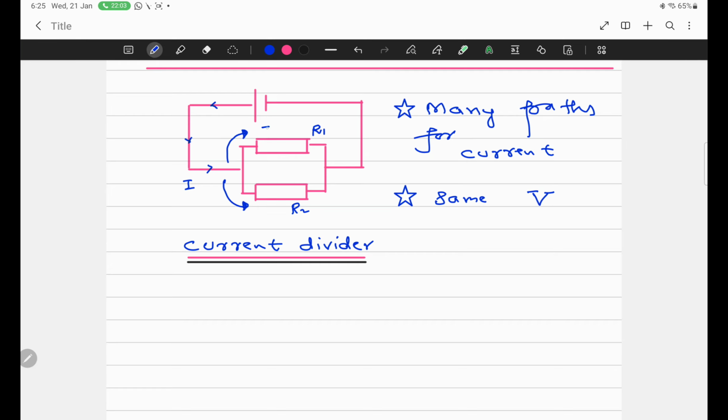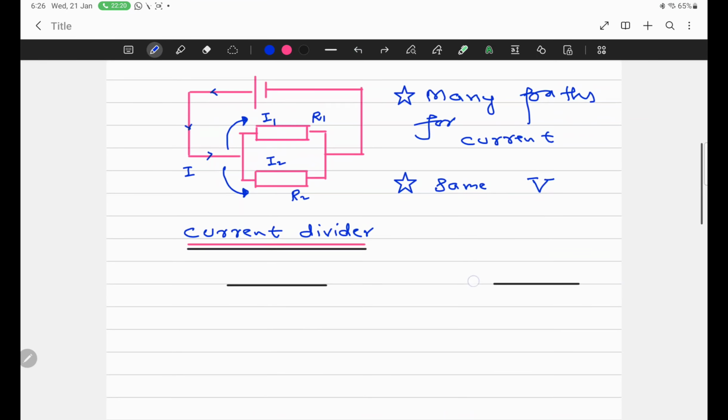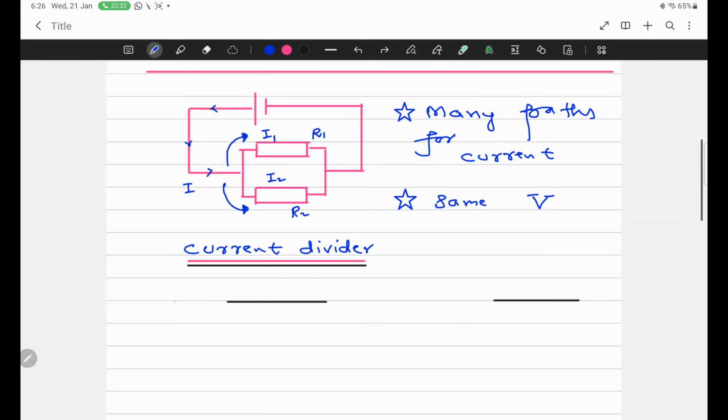And if I ask you what is current through R1, what is current through R2, so I am teaching you a formula which I am claiming your school teacher will not teach. This formula everyone teaches. But this formula, I am claiming no one will teach you. Sir, I1 is equal to R1 plus R2. In this question, current is divided.